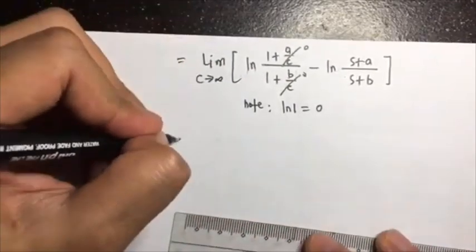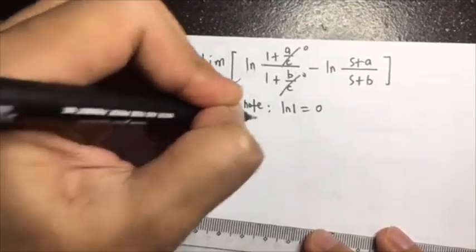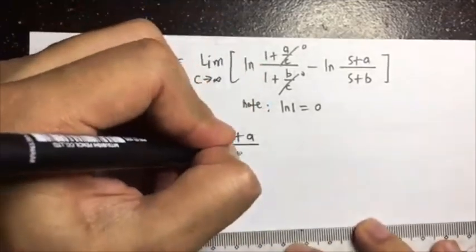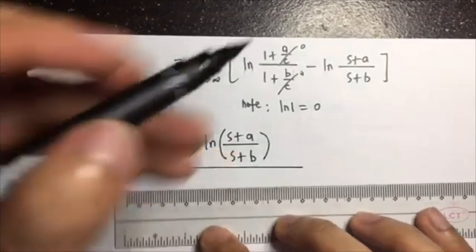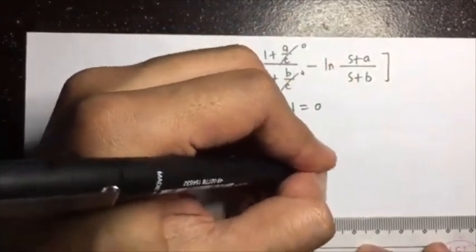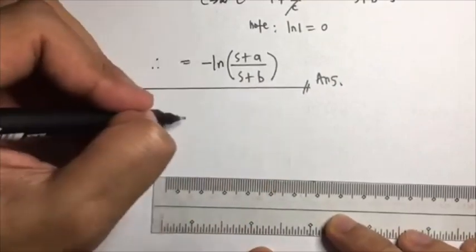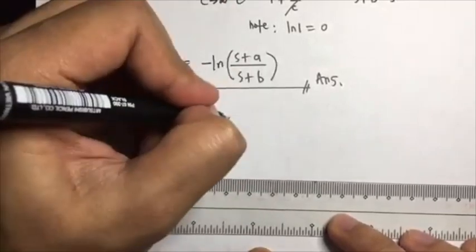So it's equal to negative ln of s plus a over s plus b. Okay, so this is now the Laplace transform. Or you can also express it, if you don't want to have a negative sign, then you can transfer the negative sign in the exponent.